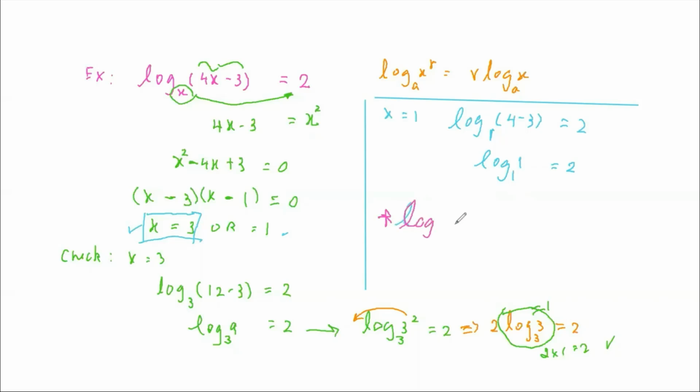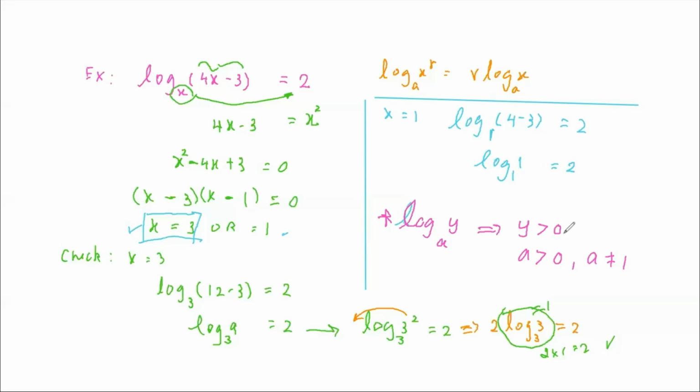Log y base a, the formula, or we can say the definition of logarithms, our y must be greater than 0 and a must be greater than 0 also, and a is not equal to 1. So in this case, take a look. Y is 1. It's okay, right?